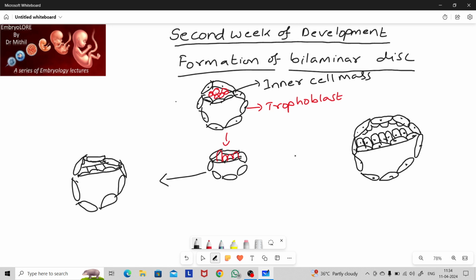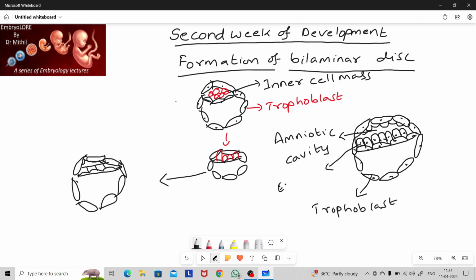So now let me label it so as to further reduce the confusion. This is the amniotic cavity. This is the same labeling, that is the trophoblast, and here this is the ectoderm.